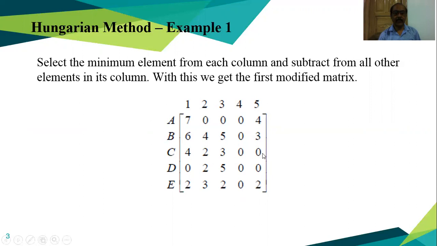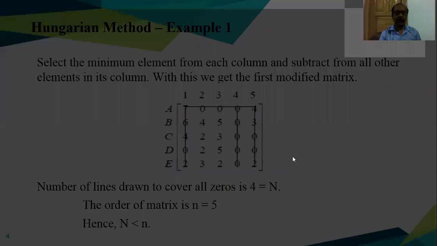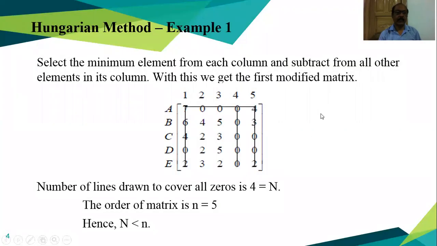In this case, there is a single 0 because this is already blocked. So this is a single 0, so we can block it this way. So move to the next. Check it horizontally, see.